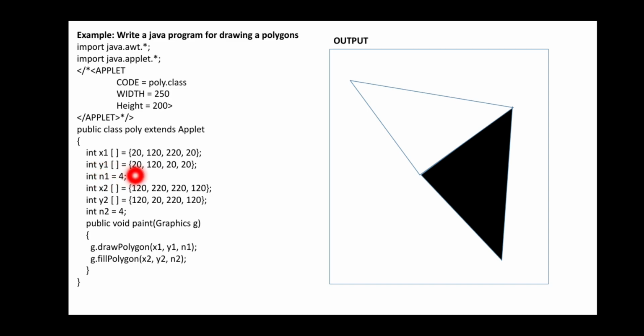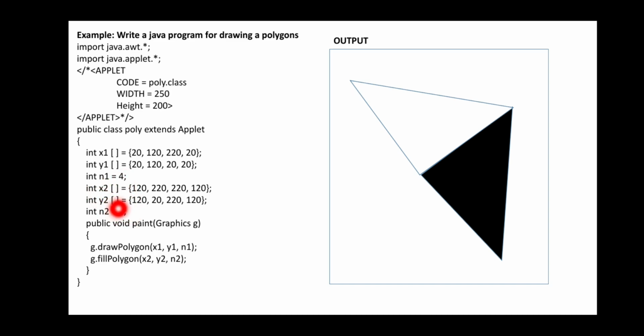The y points are 20, 120, 20 and 20. Then another point, int n1 is equal to 4. There are four points: 1, 2, 3 and moving to the 4th point. So n is equal to 4.